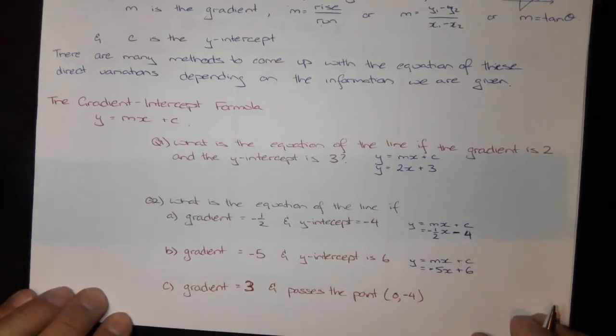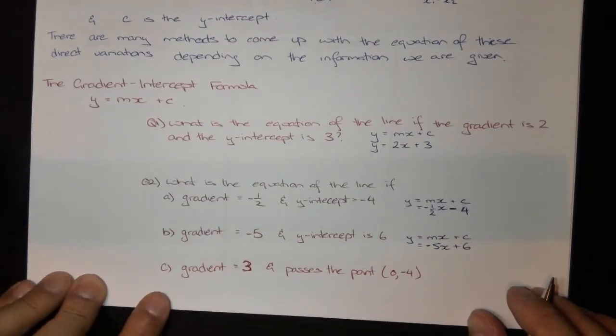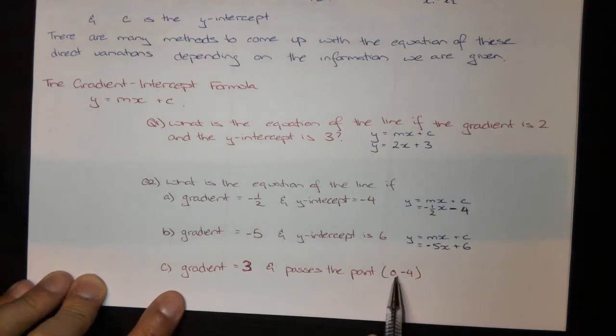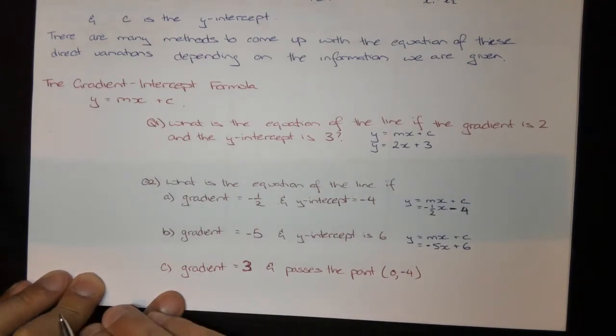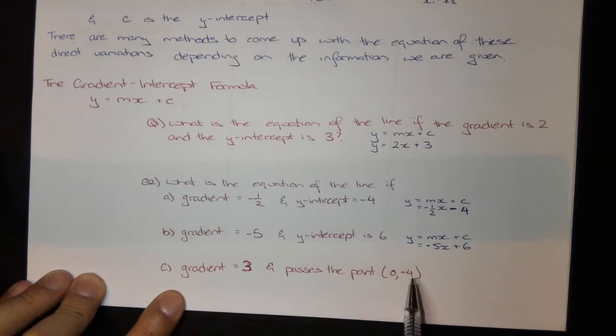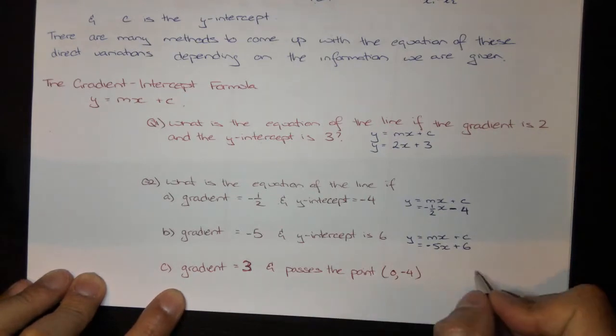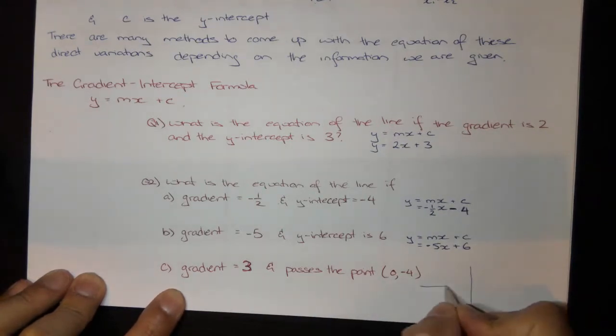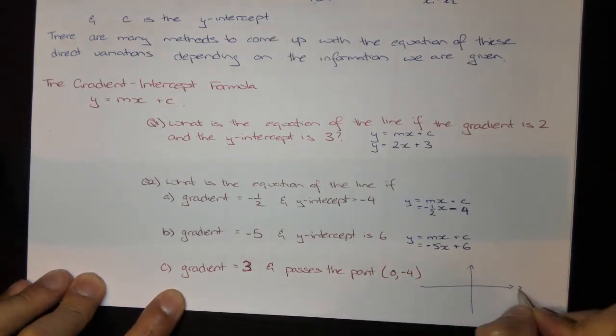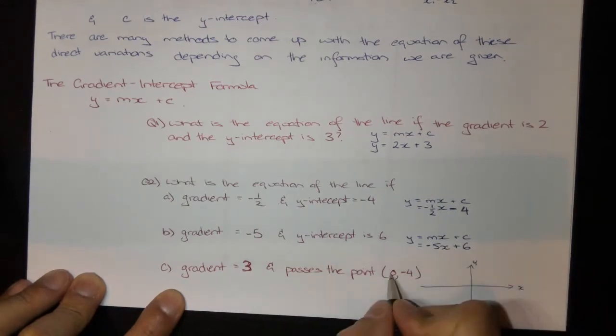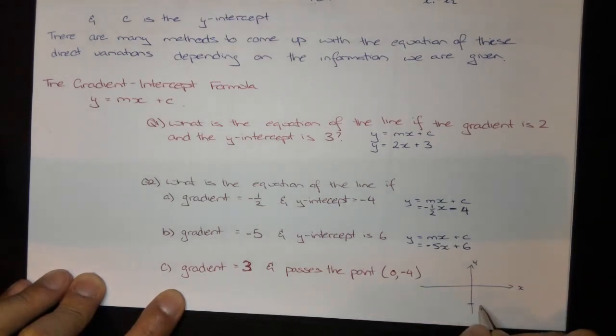Okay, and the last one is gradient is 3, and it passes the point of 0, negative 4. Well, some people might go, well, I've got a gradient, but I don't have the y-intercept. So I want to think about here is my Cartesian plane. 0, -4 is somewhere down here, and that's my y-intercept.